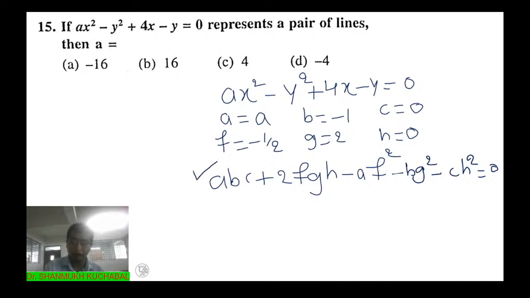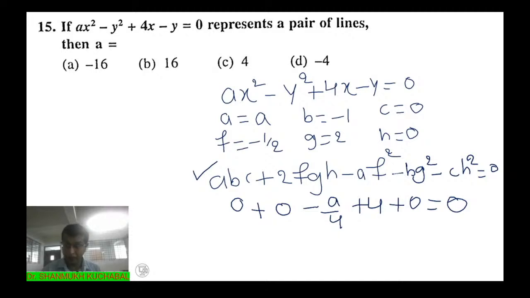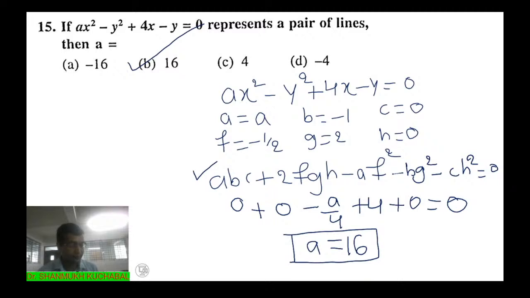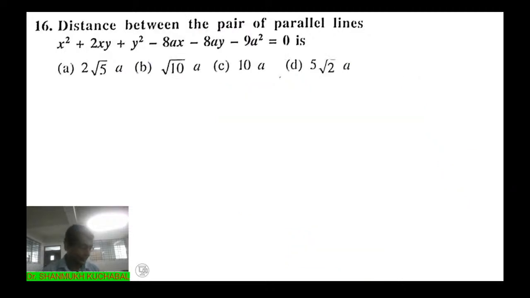So after simplifying, we get 0 plus 0 minus a divided by 4 plus 4 plus 0 equal to 0. So if we simplify this equation, we get the value of a equal to plus 16. Therefore, option B, a equal to 16 is the right answer. Okay, we'll move to the next example.